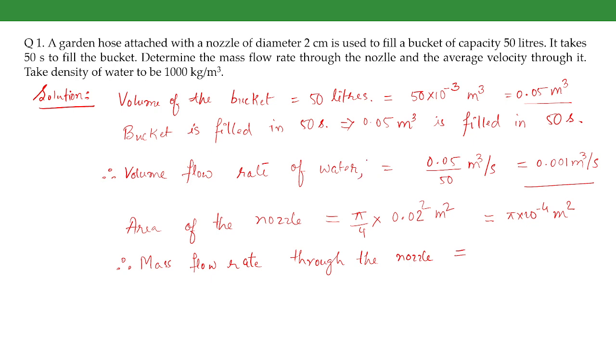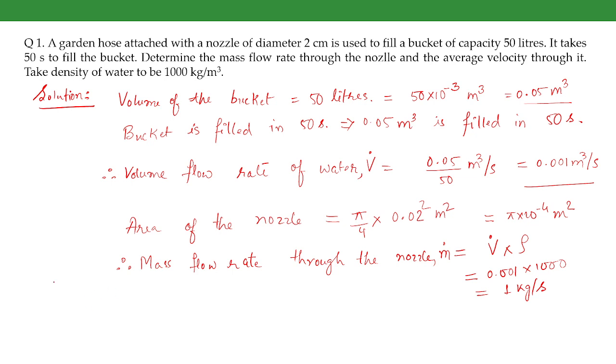Let us denote it as V dot. So the mass flow rate will be volume flow rate multiplied by the density. The density is given as 1000 kg per meter cube. So the mass flow rate comes out to be 0.001 multiplied by 1000. So it is 1 kg per meter cube. Sorry, it is 1 kg per second.